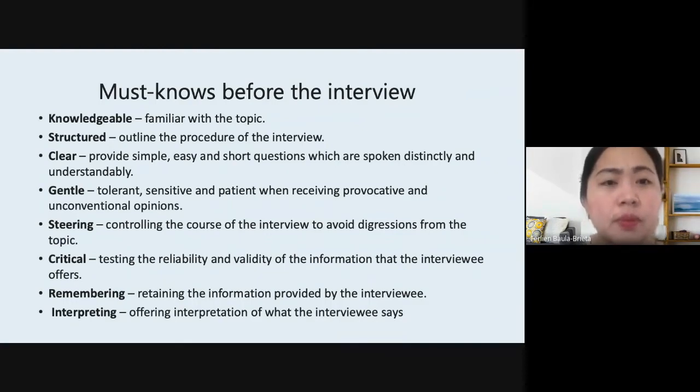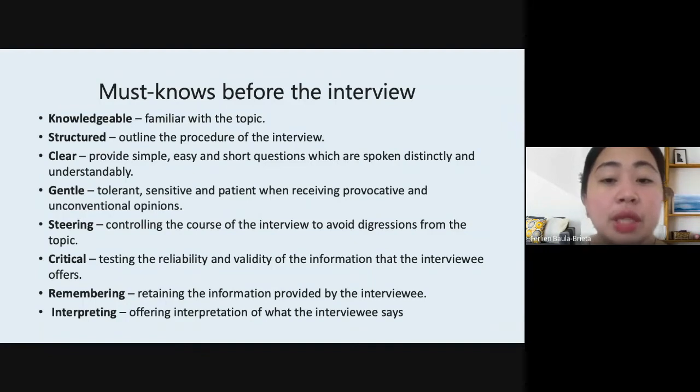process. You must be critical, testing the reliability and the validity of your questions, and the information that you can gather with those questions is a very important thing to do before the interview. Because if your questions are not essential, then the answers of the respondents would not be useful for your study.